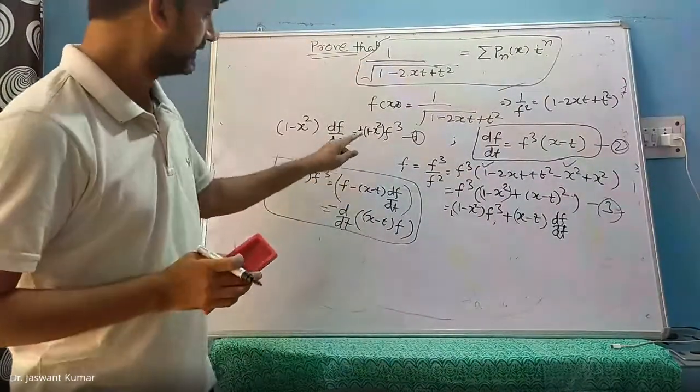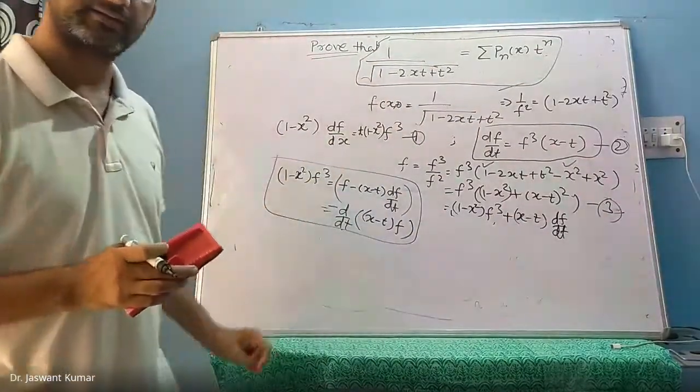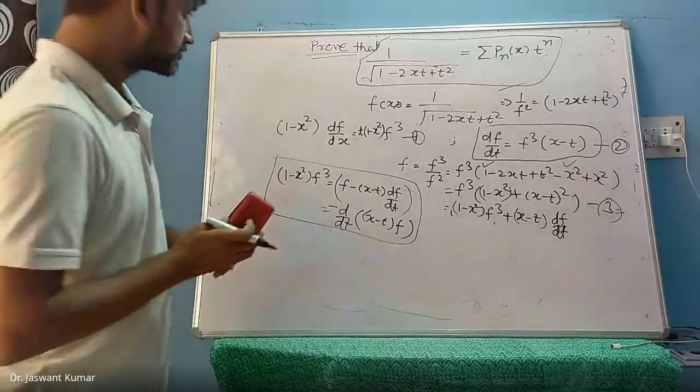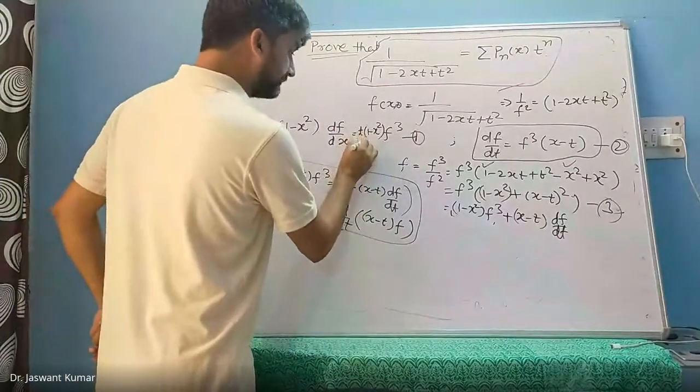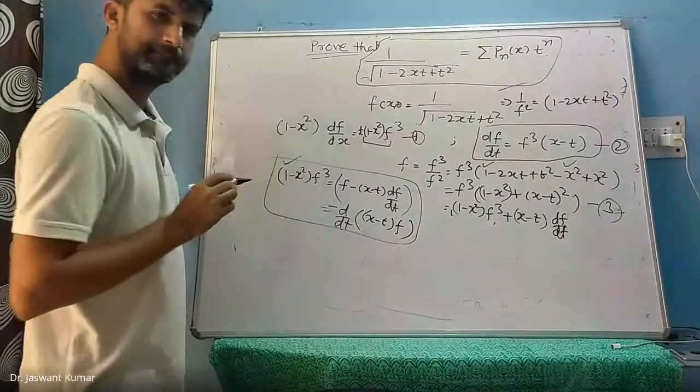सो हम क्या करते हैं, we multiply this equation number 1 on both sides by 1 minus x square. Okay, so if you multiply this on both sides by 1 minus x square, then after that what you can do is you can put the value of 1 minus x square f cube from here.